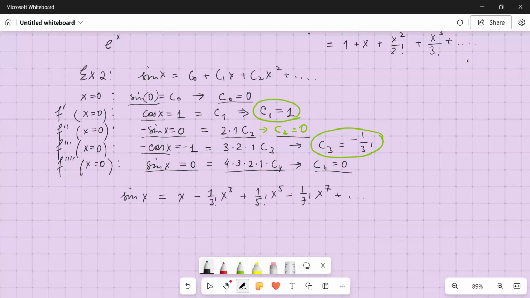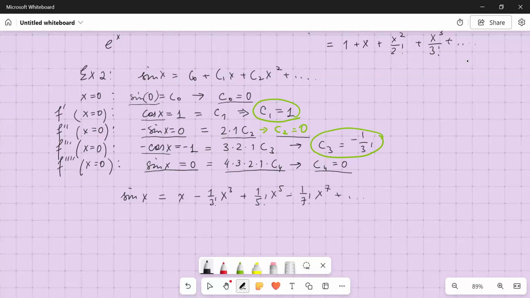All terms are going to be odd terms. Maybe it's understandable because sine is by itself an odd function, right? And factorials are going to correspond to the powers. We are going to have alternation because some derivatives are going to be negative, but it's just a full alternation.